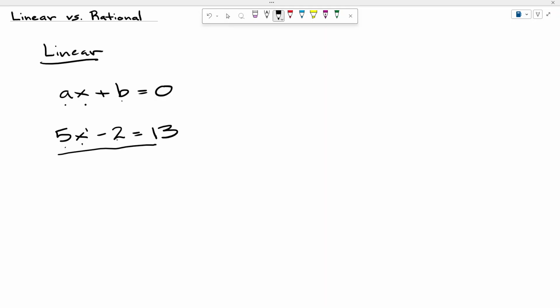And then just to drive home exactly what a linear equation is and isn't, let's take a look at a few examples. If we had x squared plus 2x equals 8, this would not be a linear equation because we are squaring the x.